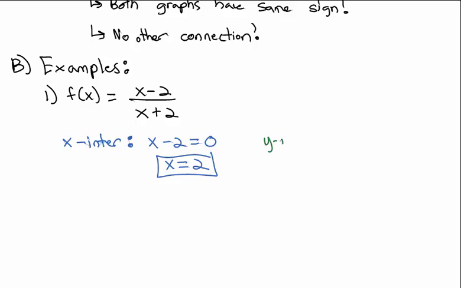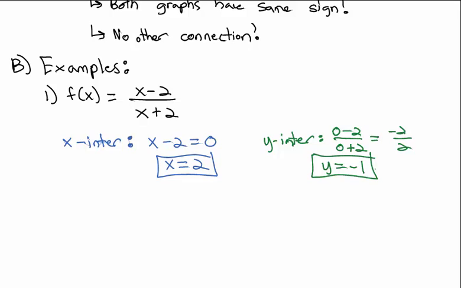The y-intercept: we make the x's equal to 0. So we have 0 minus 2 over 0 plus 2, which gives us negative 2 over 2, and so the y-intercept is at y equals negative 1.